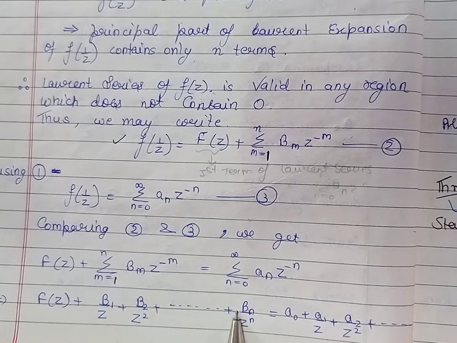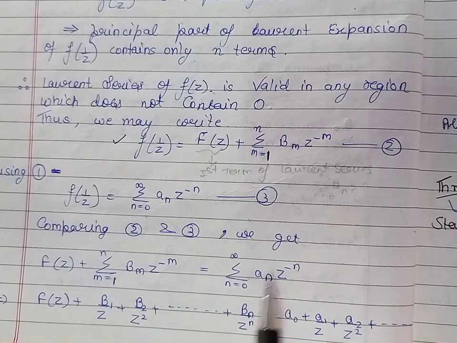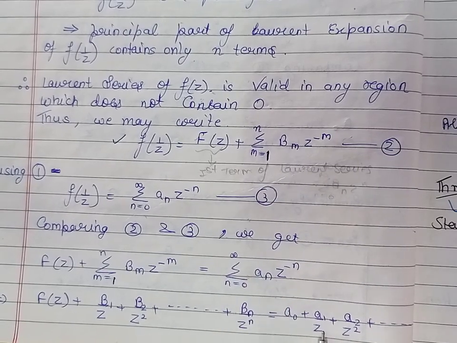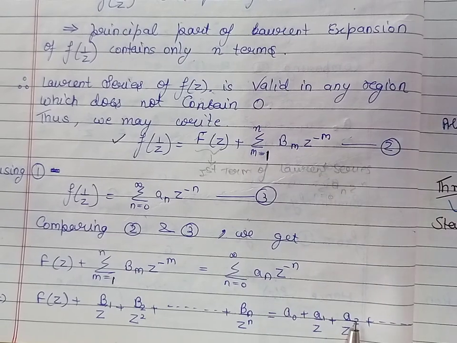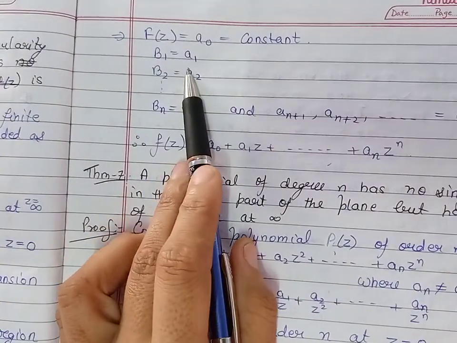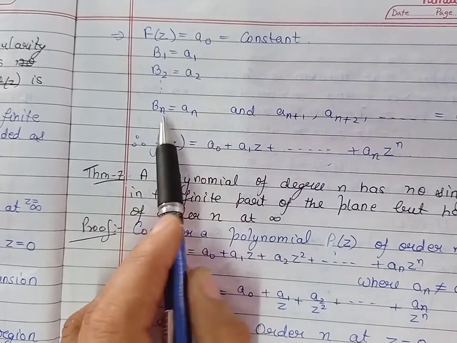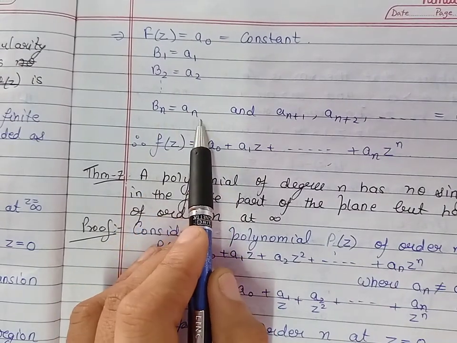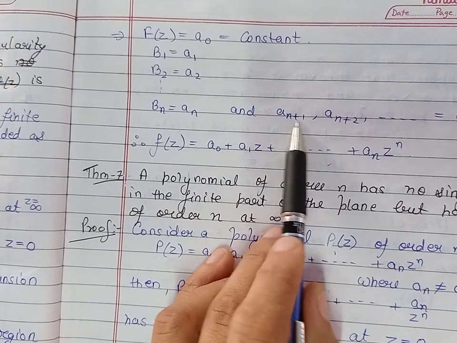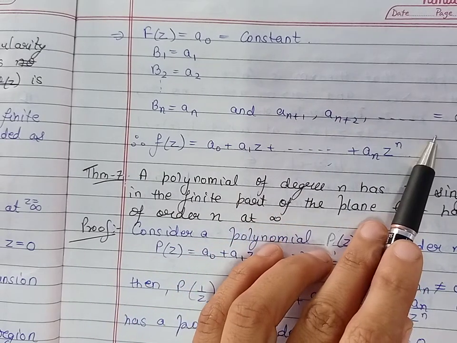The last term will be bn divided by z raised to the power n. On the right side, this series will become a naught plus a1 by z plus a2 by z square and so on. Comparing, we get f of z is equal to a naught, b1 is equal to a1, b2 is equal to a2 and so on, bn is equal to an, and a n plus 1, a n plus 2, all the other such terms are 0.